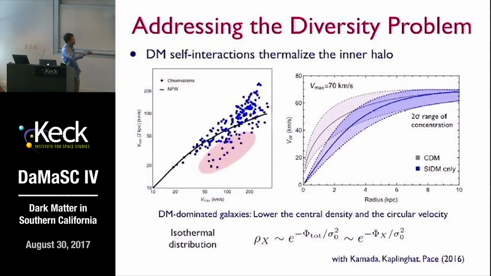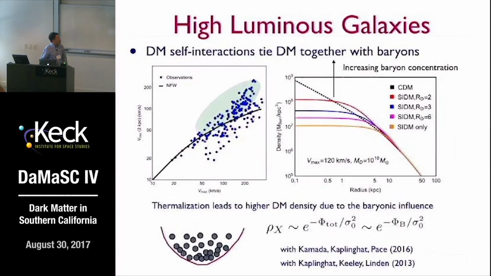For CDM, even within a 2 sigma concentration uncertainty, you still cannot get 20. So that is for those low surface brightness galaxies. This is for galaxies locally, so the redshift is 0. Then, to explain the diversity problem, you have to address those galaxies.